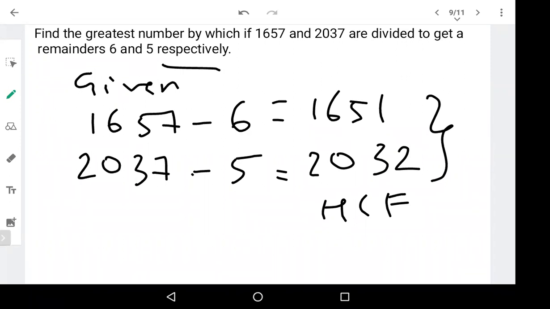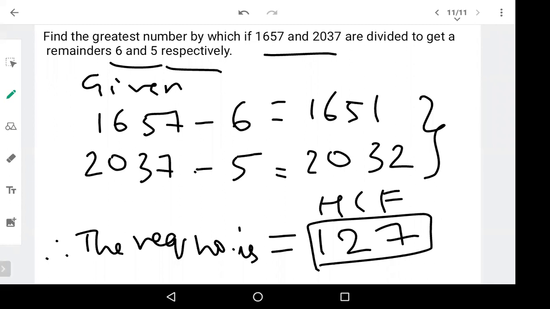Find the HCF of this. Keep trying. Okay, please write the steps and then solve the problem. So here the HCF is 127 and the required number is 127.